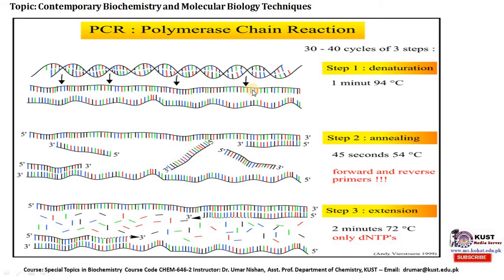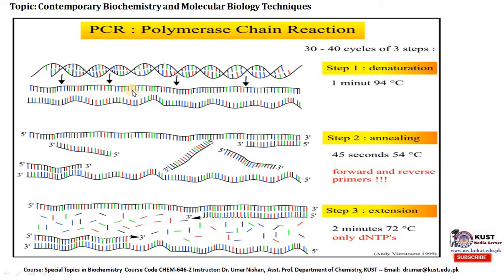This is important because for the annealing of the primers, we need to have this denaturation, because primer can only anneal with a single stranded DNA. Now, the point is, you know that there are two types of bonds between the DNA.